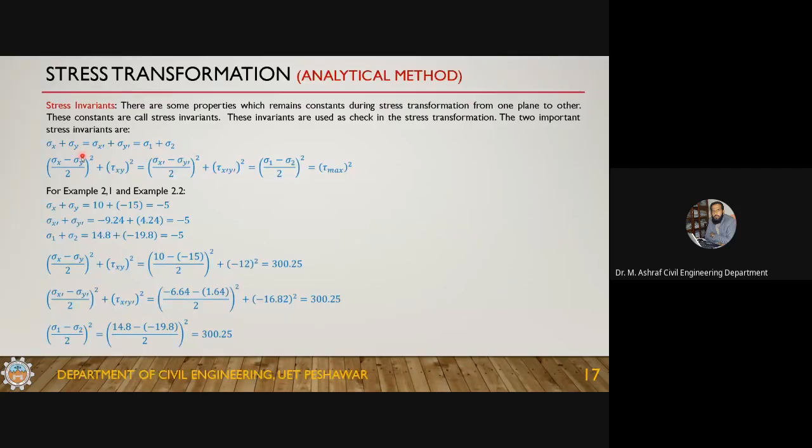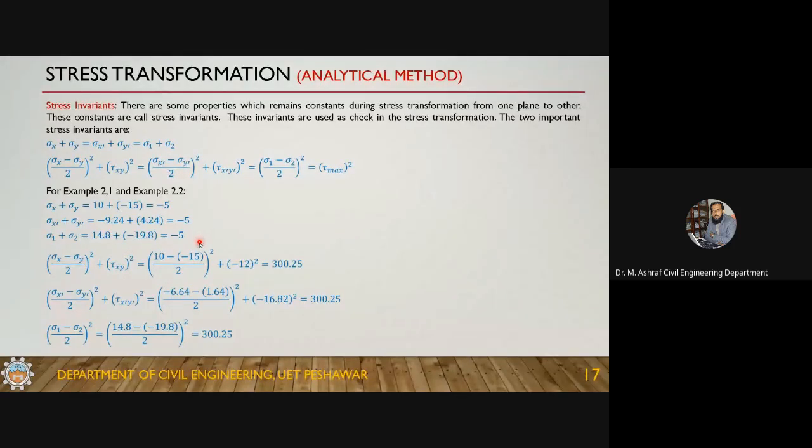Just like in examples 2.1 and 2.2, the original sigma x plus sigma y was 10 plus minus 15, equal to minus 5. On the inclined plane at an angle of 30, minus 19.24 plus 4.24 gives minus 5. For the normal stresses, 14.8 plus 1 minus 19.8 is equal to minus 5.